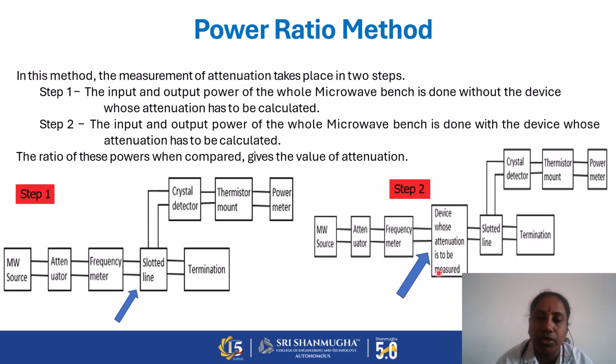So additionally, we connect the device for measuring the power ratio method. Therefore, the input and output power of the whole microwave bench with the device, which is attenuated, is calculated by using the device we are connecting before the slotted line section. The remaining elements are the same. So additionally, we are adding the attenuation device. This is the main difference between step 1 and step 2 for the power ratio method calculation.